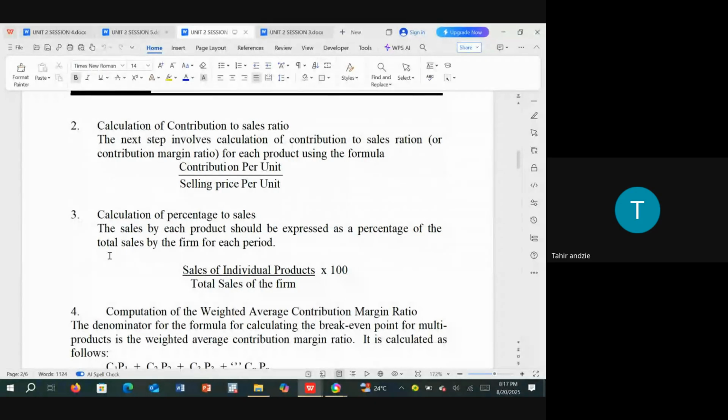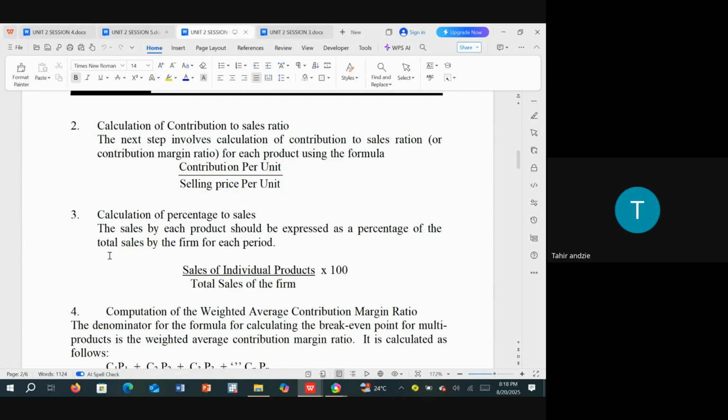So if the total sales of the company is, let's say, 10,000, and you have 3,000 coming from product A, 5,000 coming from product B, and 2,000 coming from product C, then you can just look at the proportions of sales to each of these products.